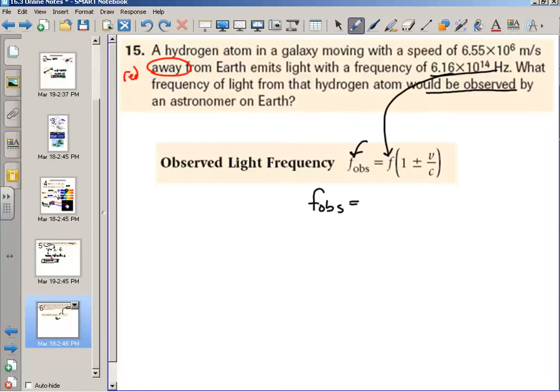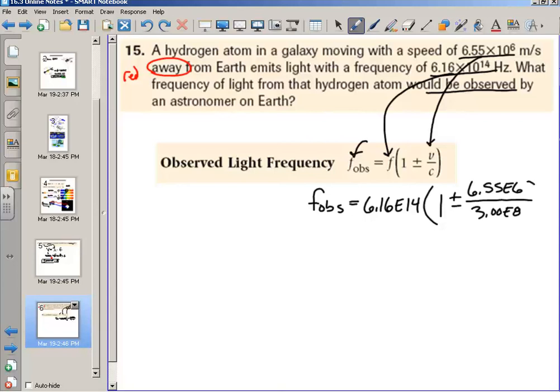This is this frequency here, 6.16 times 10 to the 14th, times 1 plus or minus, oh, what the heck? V is the speed, so 6.55 E6. C is the speed of light, 3.00 E to the 8th.